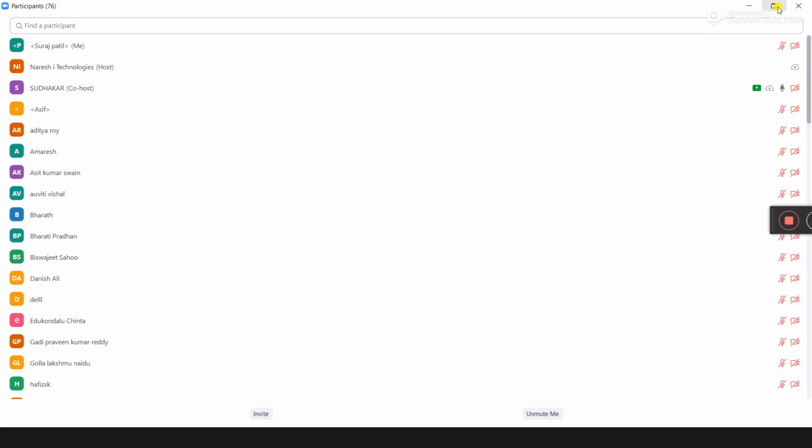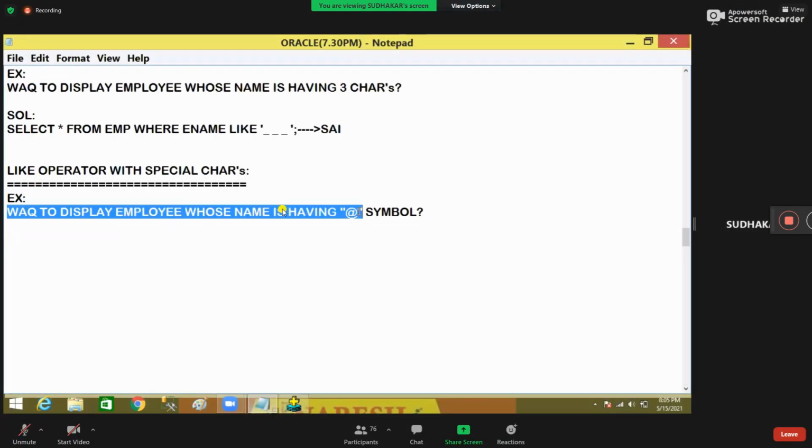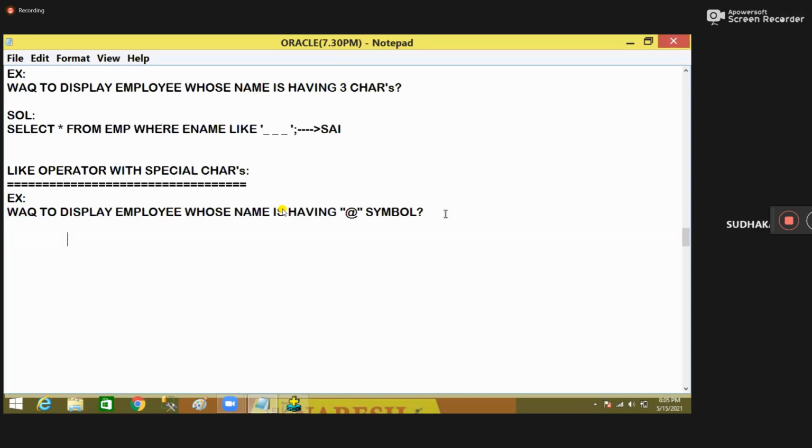Now, in the same way, the next question is, for example, whose employee name is having the hash symbol. So now hash symbol people information I want to get.